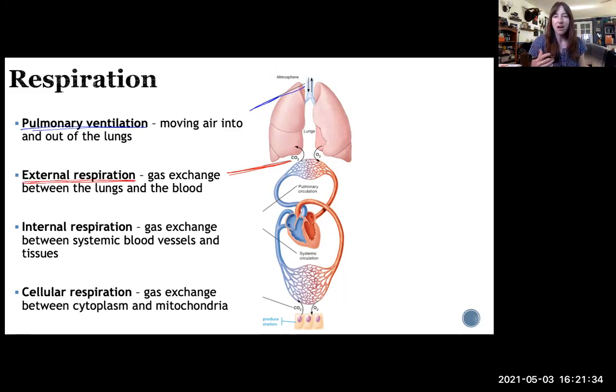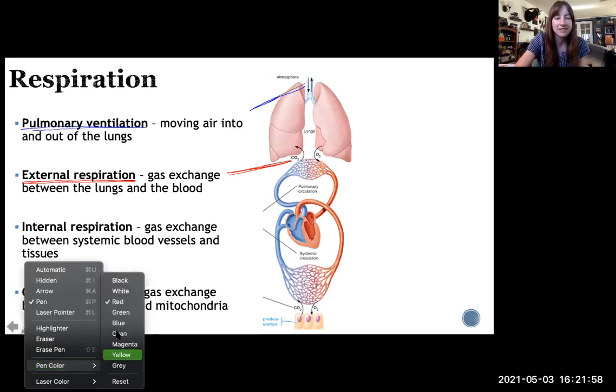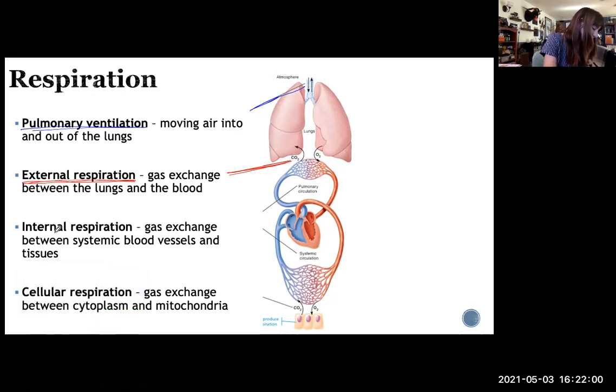And now we're going to talk about the physics of what allows pulmonary ventilation to happen physically in our lungs, and the physics of how external respiration, how gas exchange physically happens inside of the alveoli, or between the alveoli and the capillaries surrounding the alveoli. Internal respiration has a lot of the same physics as external respiration.